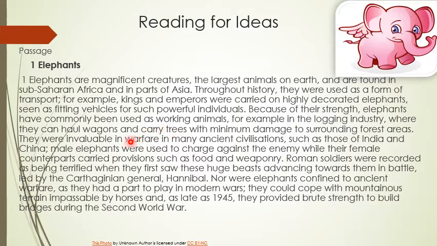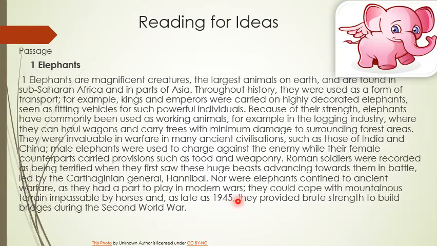They helped in war, they hauled the wagons, they carried trees, and the females were used to carry food and weaponry in war. Romans were terrified when they saw these animals, because they had not seen them before. Till 1945, they were used.